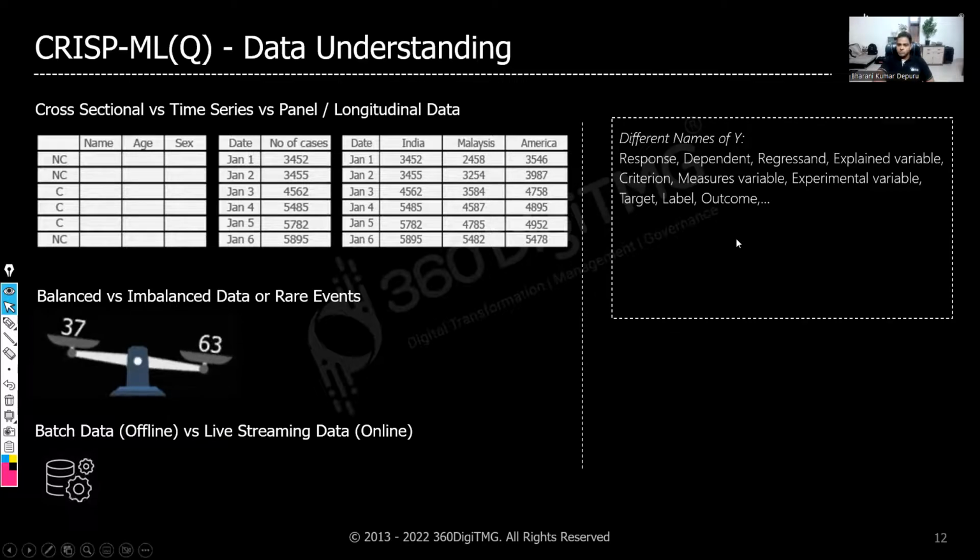Output variables are also called response variables or dependent variables, regression explained variables, criterion variables, measured variables, experimental variables, target, label, outcome. All these are the various names given to your output variable y.